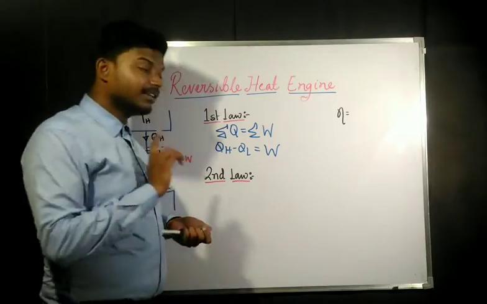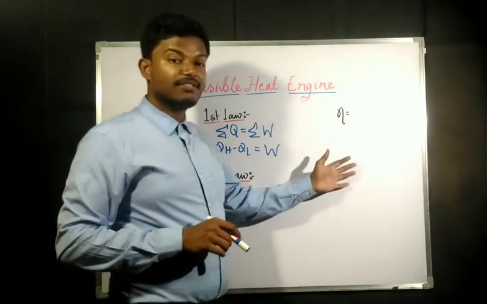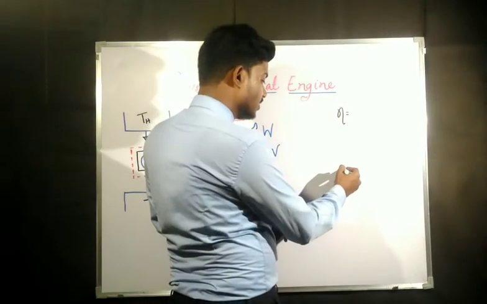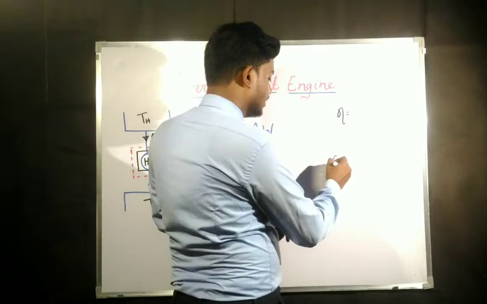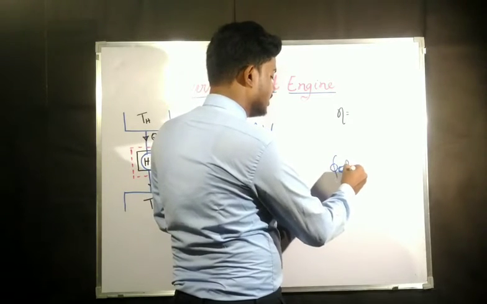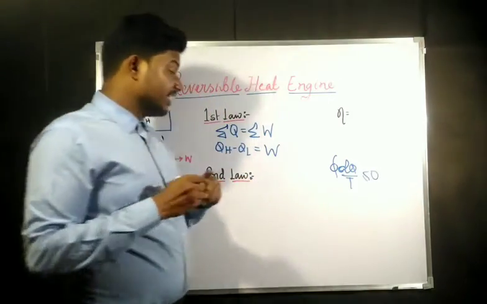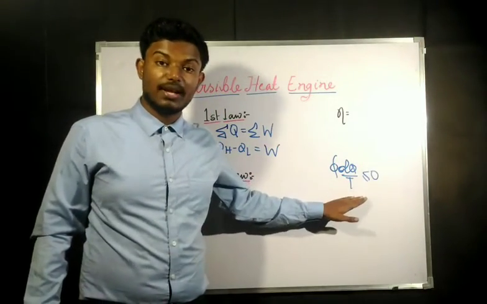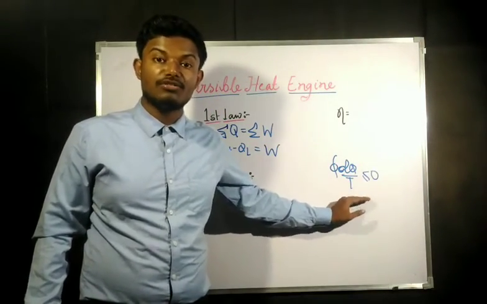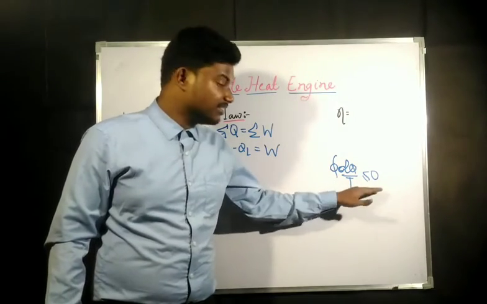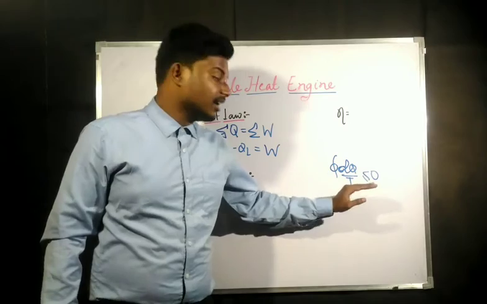Now one thing we have missed here is the Clausius inequality we have written, that the cyclic integration of dq by t is less than or equal to 0. This inequality is known as the mathematical form of the second law of thermodynamics. This is something we need to remember.